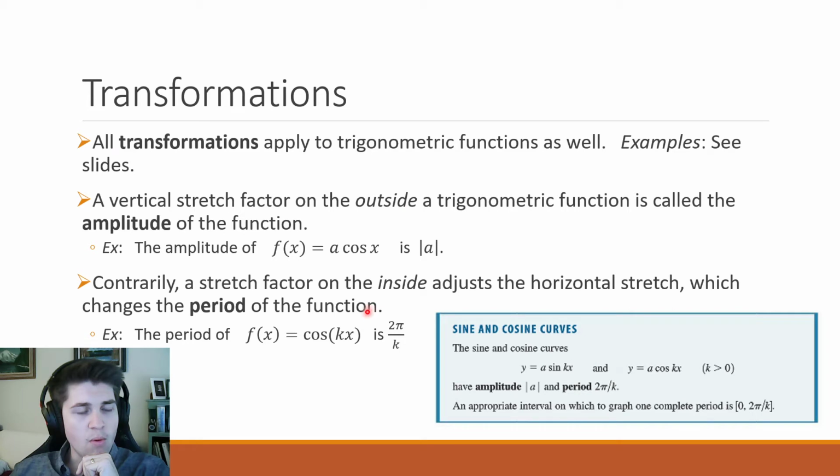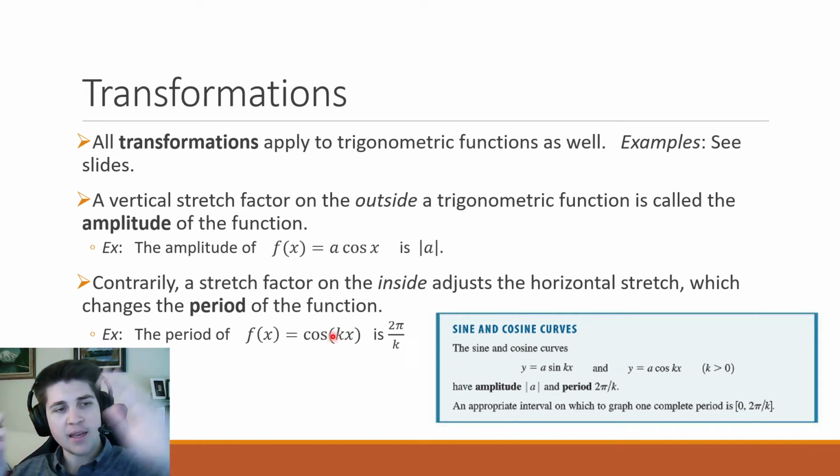Now, when you move the multiplier from the outside to the inside, as we know, that's no longer a vertical stretch but a horizontal stretch. It's still a transformation, but more specifically a stretch or compression when it's on the inside. So say, for example, I was to do the cosine of 3x or the cosine of 2x.